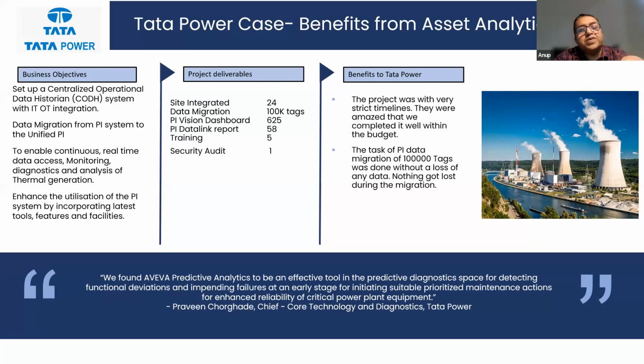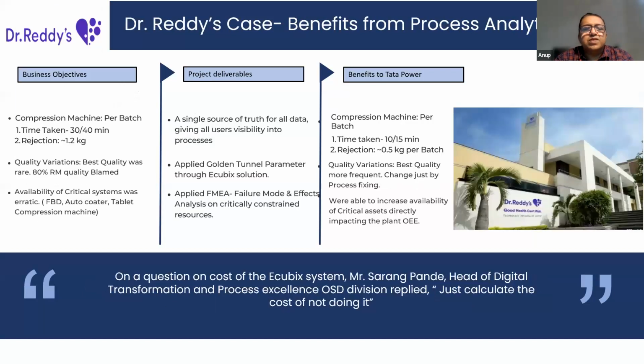So they are also using the predictive APM product, a very expensive product. This is the only company which is at present using it. But they have already given us an order for a second phase, which means around 200 odd assets now to be integrated in the APM.